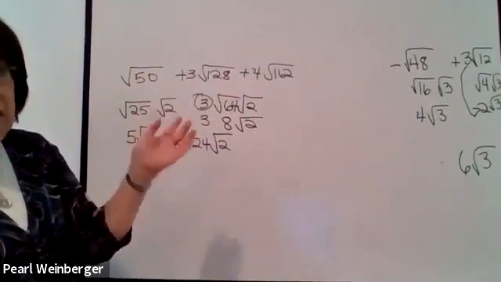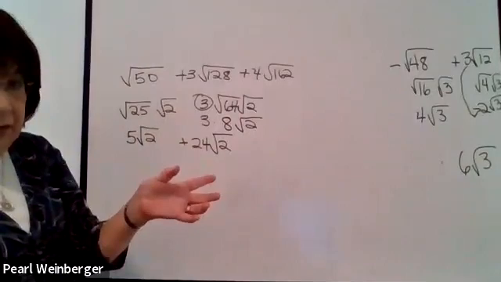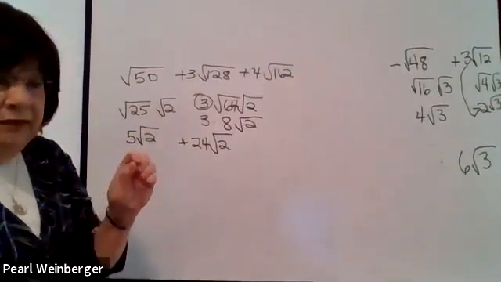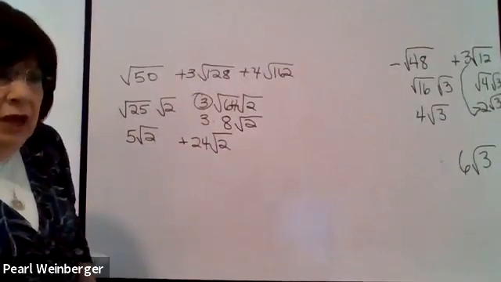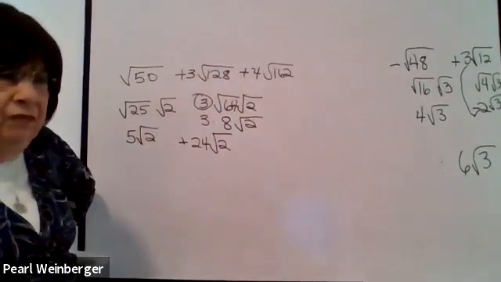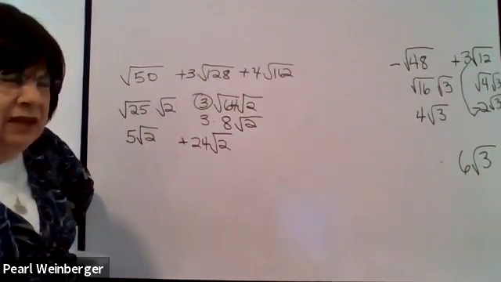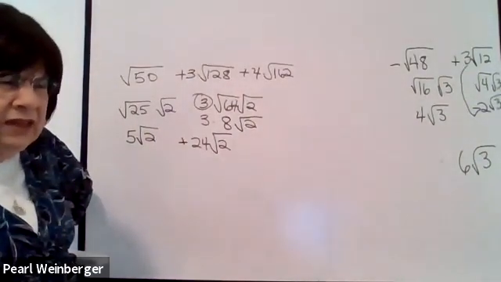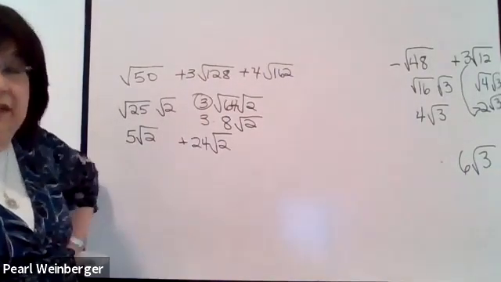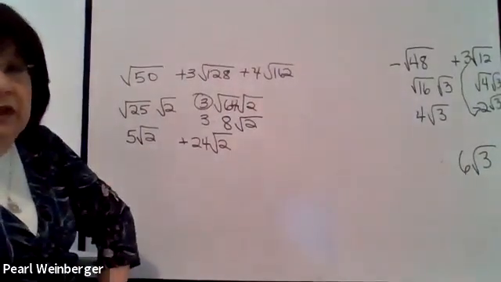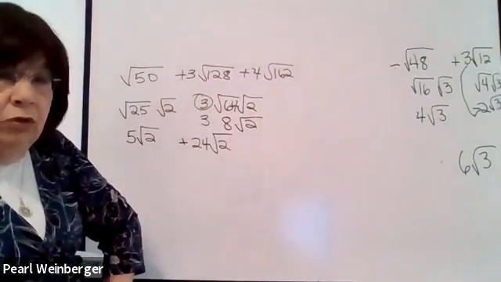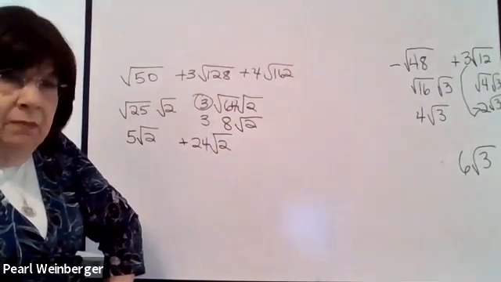If you're trying to simplify a radical, some calculators, I think TI-30 or TI-34 models, will actually simplify the radicals for you if you put them in what's called math mode.